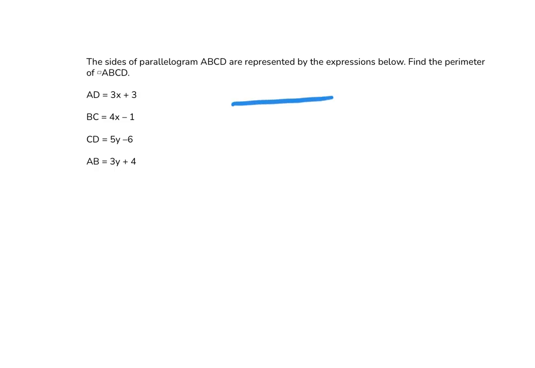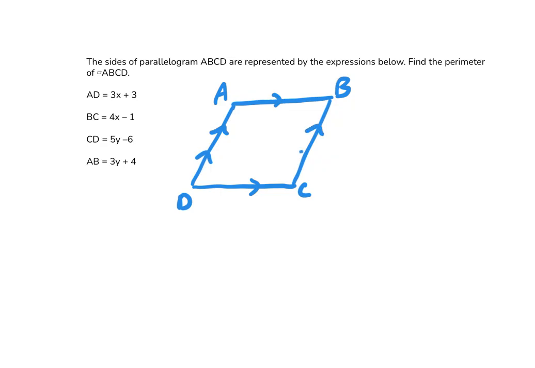Draw yourself a parallelogram. And you don't necessarily have to make a coordinate plane here. And I'm going to label this parallelogram A, B, C, D. It's asking us to find the perimeter.